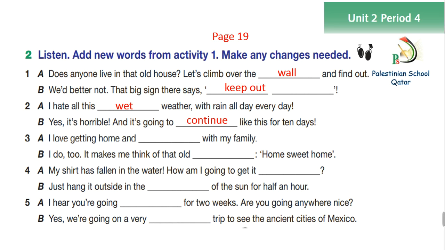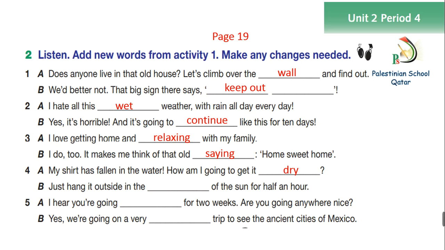Number 3: I love getting home and relaxing with my family. I do too. It makes me think of the old saying, home sweet home. Number 4: my shirt has fallen in the water. How am I going to get it dry?